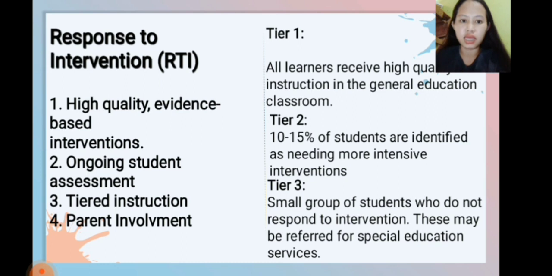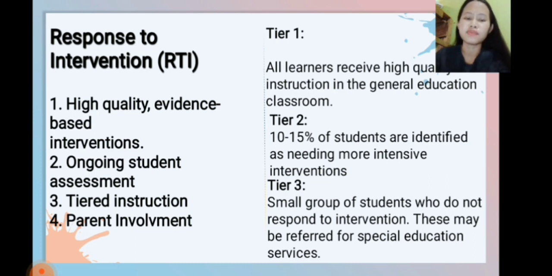Students in tier 2 and 3 need extra time. Another is to make the group smaller, from large to small group, so that we can be more focused on the students who need extra attention.